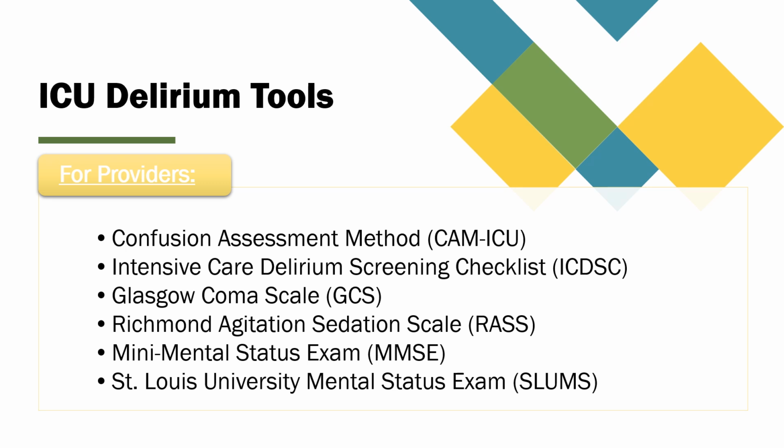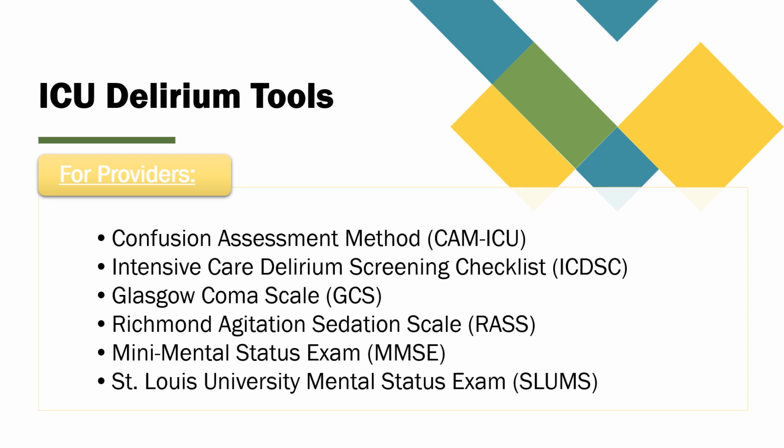There's also the Intensive Care Delirium Screening Checklist, which is also a checklist for how well the patient is responding to following commands. The Glasgow Coma Scale is a scale of alertness, whether the patient is able to do eye-opening, follow commands, and respond appropriately.